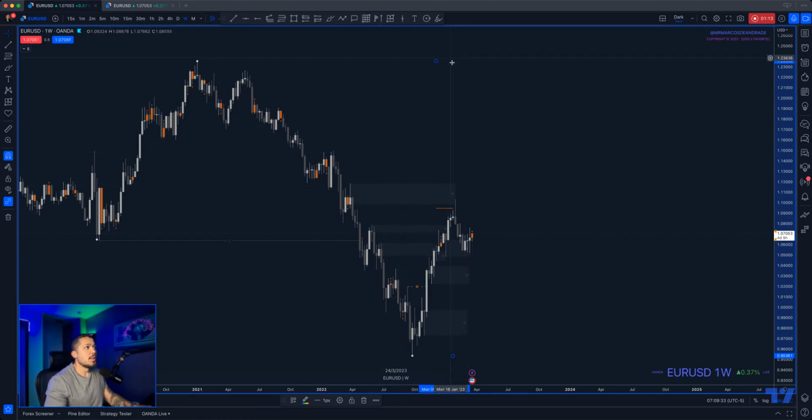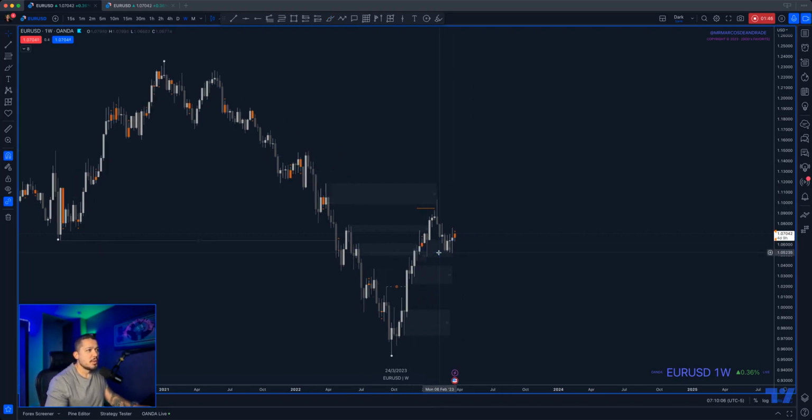This was a very good area, so we could see if price will continue the move down, or if this is just a reaction to mitigate this demand. And now we could start to make a deeper pullback, maybe to these supplies here. So that's the weekly.